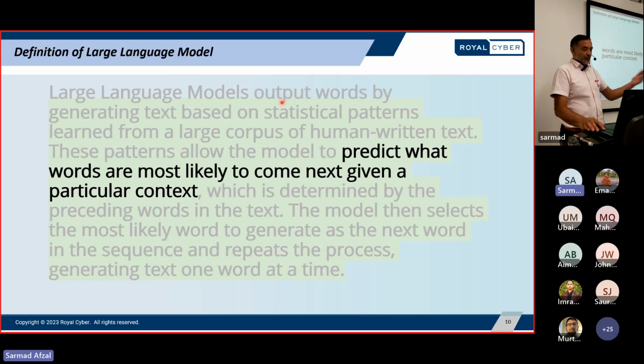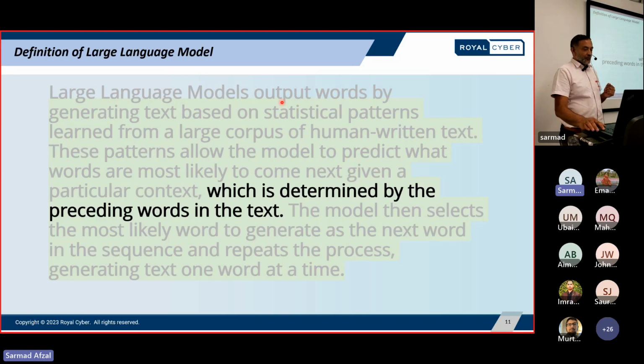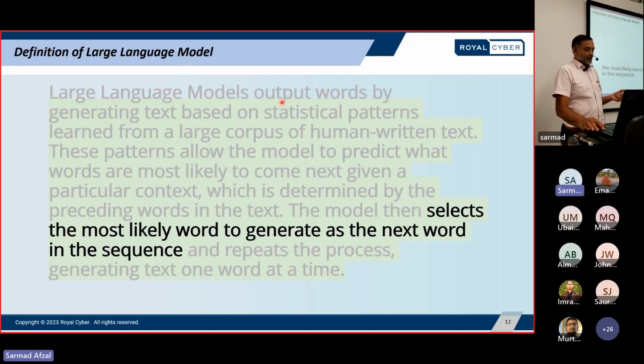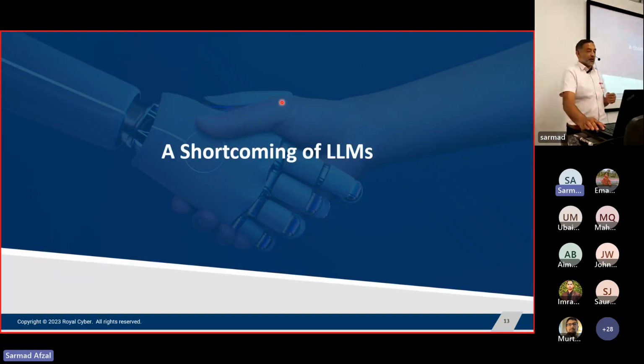The next word is determined by the preceding words in the text, and it selects the most likely word to generate as the next word in the sequence. So that's the high level meaning of LLMs.